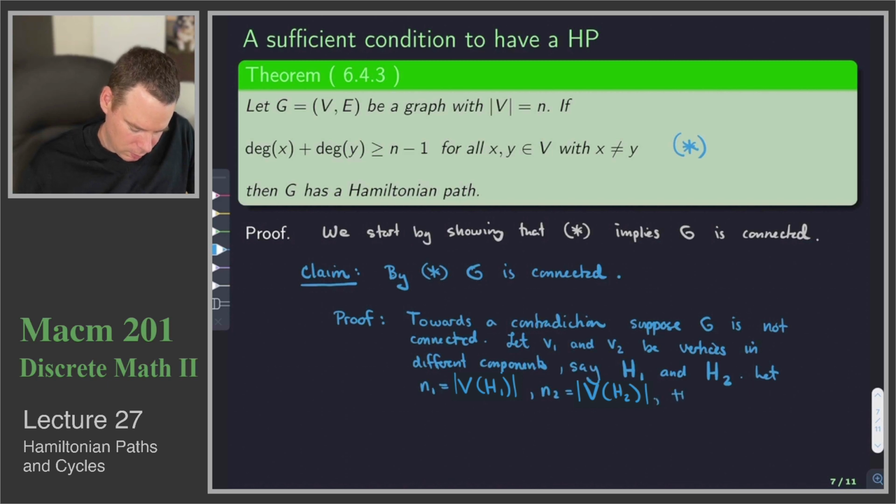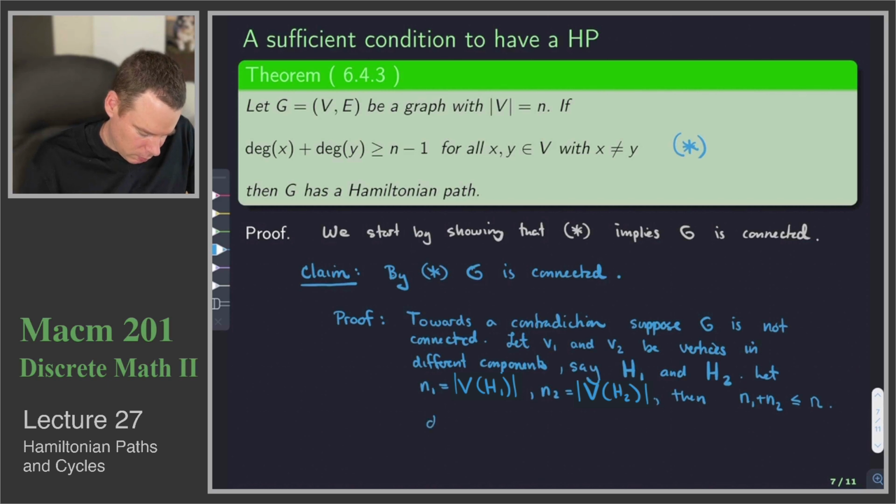Then we have that N1 plus N2, the number of vertices in one component plus the number of vertices in another component, there may be more components, who knows, but the idea is that this is less than or equal to n, the number of vertices in the graph in total.